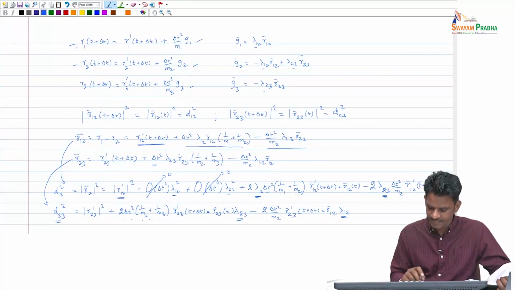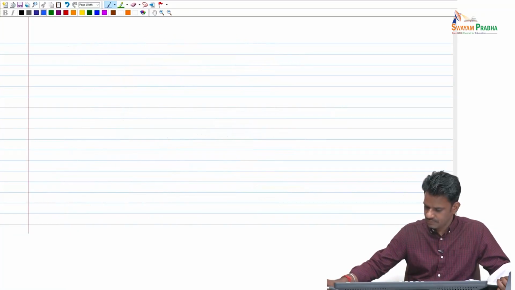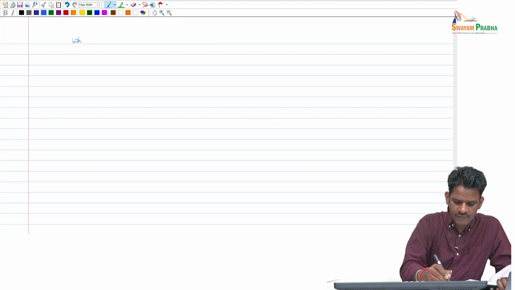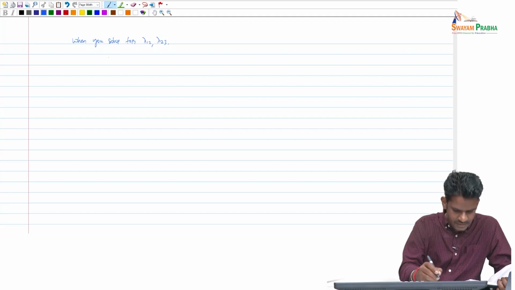Once you have these lambdas, when you solve for lambda 12 and lambda 23, then we basically can go back and update the particle positions using the expression.